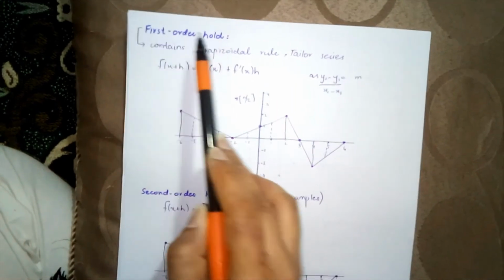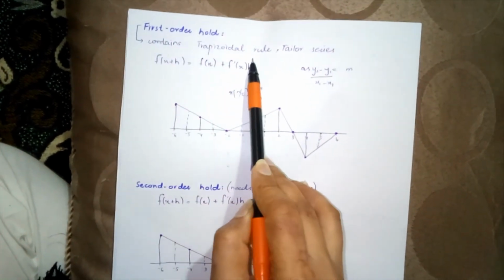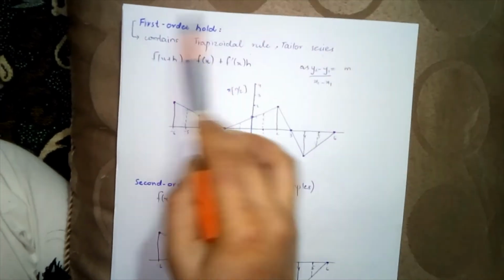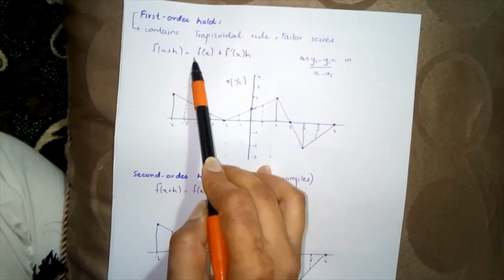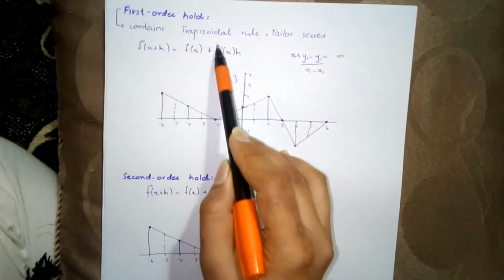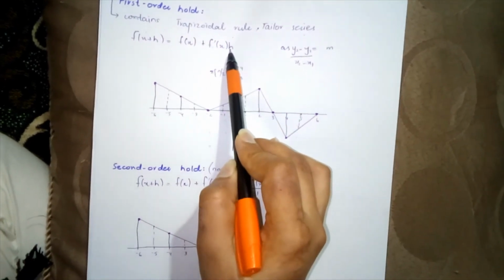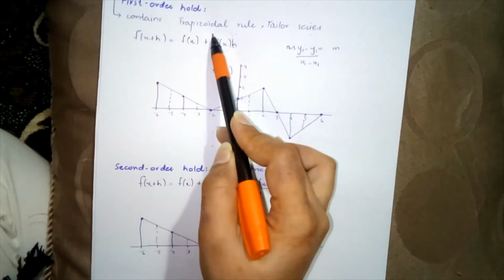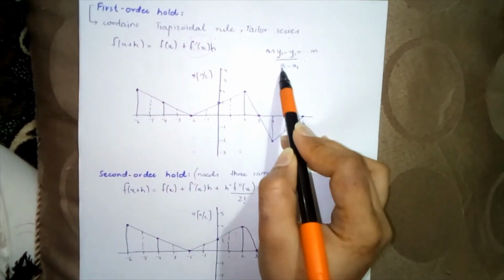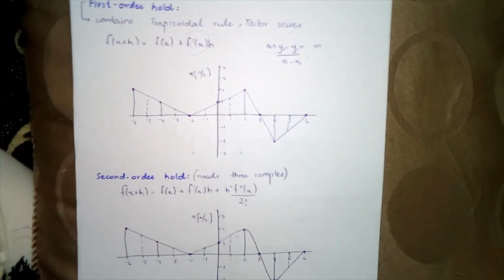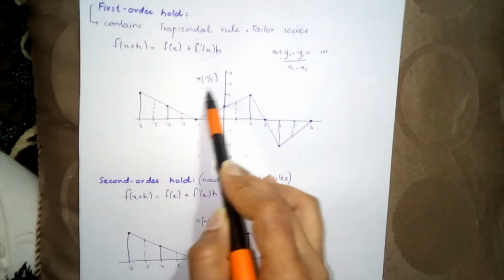The first order hold contains the trapezoidal rule and the Taylor series. In this order, we have two factors. The first one is simply f of x, and the second one is its derivative multiplied by h. This is basically the slope, and the slope formula is y2 minus y1 divided by x2 minus x1. So this is the expanded signal.